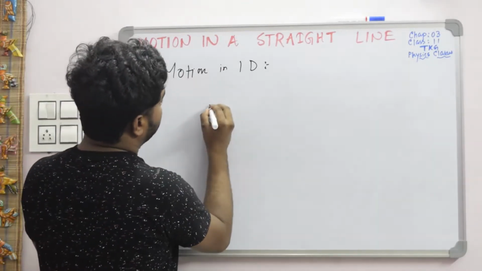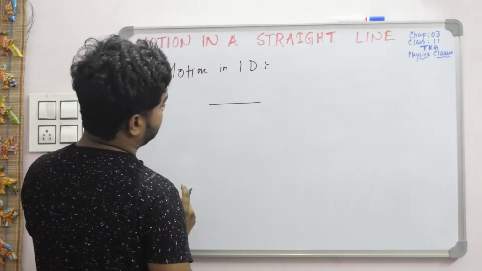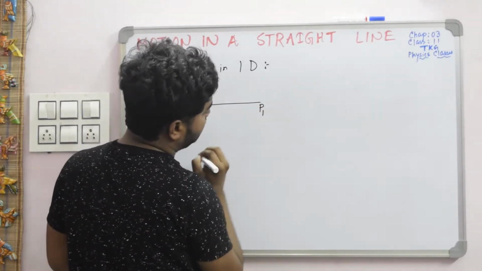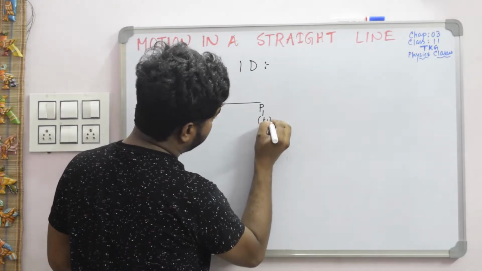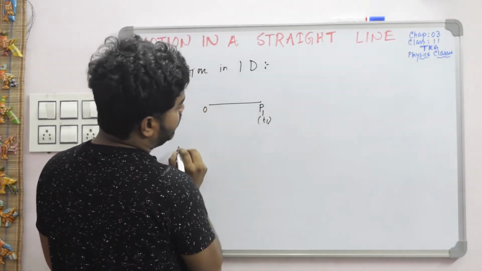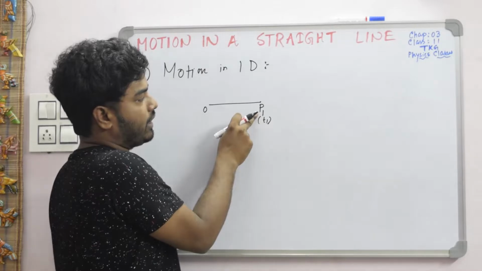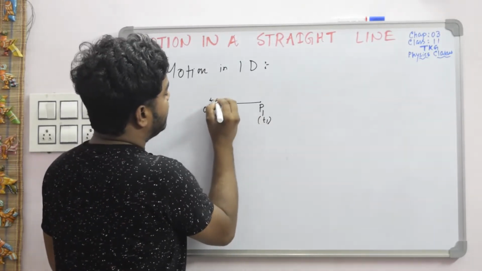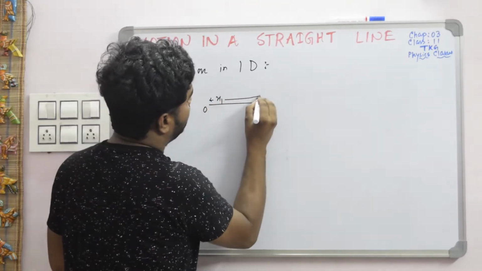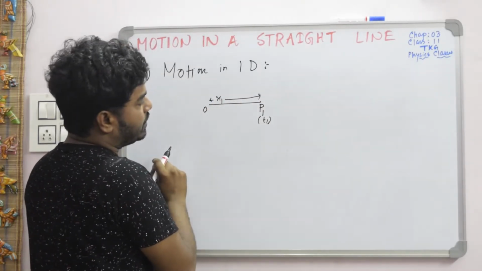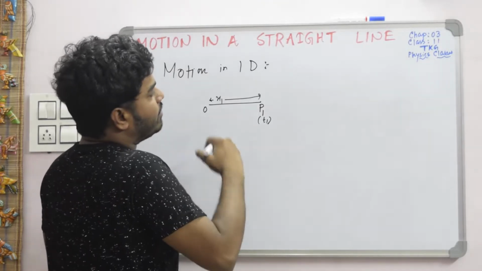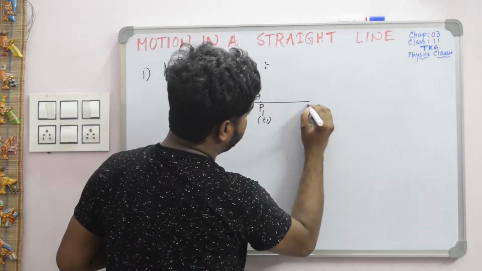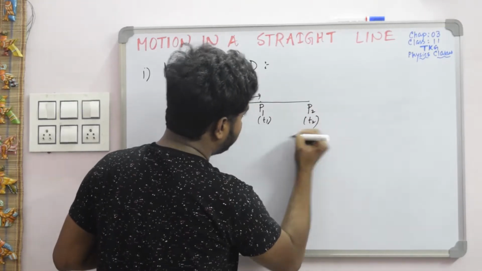Suppose a body is moving along a straight path. This is origin O, and at time t1 the body is at point p1. For specifying this position, what do we have to specify? You have to say the distance from origin O, suppose this is x1. Now after some time the body is at position p2 at time t2.